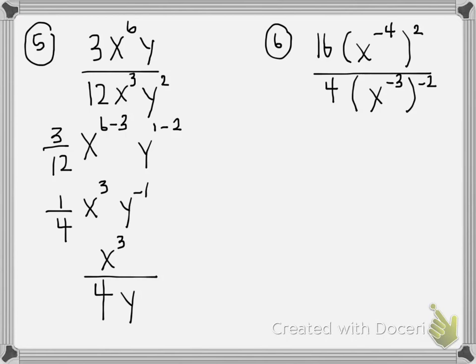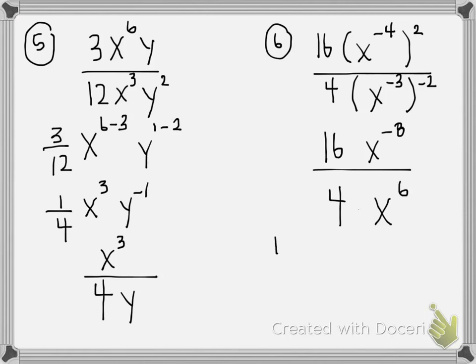Alrighty, so let's look at number 6 here. I've got something raised to the 2nd power. So I've got x to the negative 4th raised to the 2nd power. So I need to multiply those. So this is going to be 16 x to the negative 8. I need to do that before I can do my first step on number 5. Then I'm going to have a 4 times x to the negative 3 times negative 2, which is a positive 6.